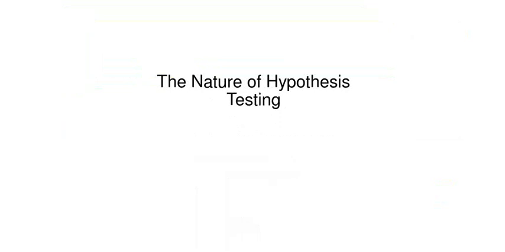Let's say that the mayor of a town makes a claim that the mean yearly income of all residents is $50,000. Let's say they hire a statistician to verify or refute this claim. What should happen?